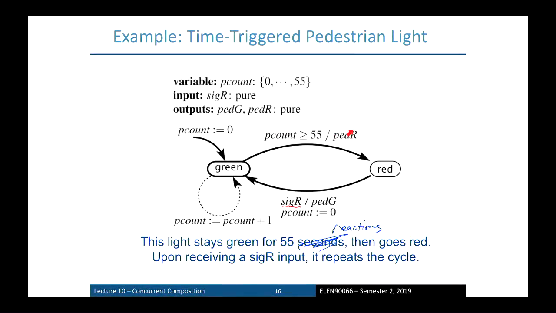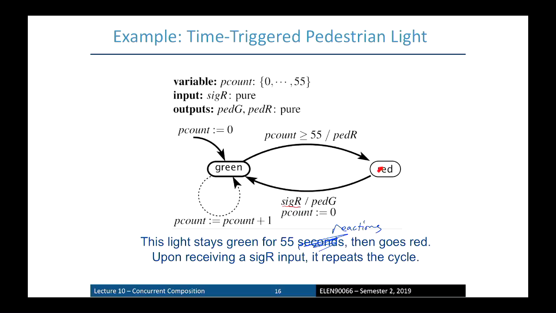PED-R is present. Okay, it's a pure signal, so it's going to actually fire the real light, right? Control the real light. When we're in the red state, we can only get out of the red state if sig-R is true, that guard. Okay, it's present. So what does that mean? That's coming from the traffic light. So that's telling you that the traffic has been stopped.